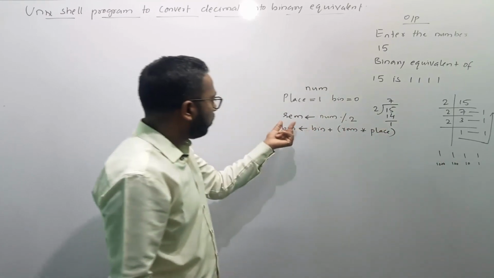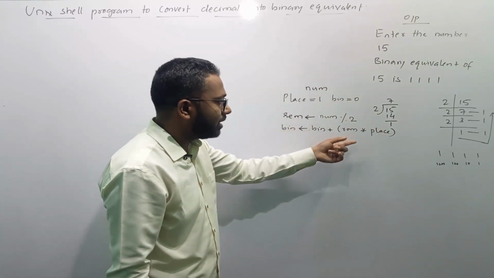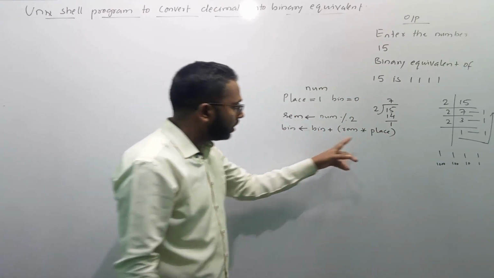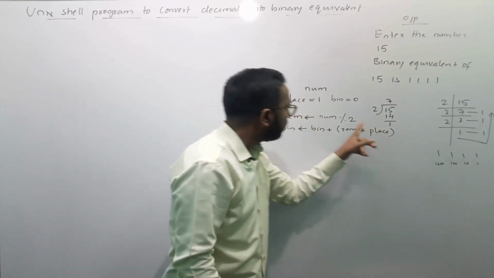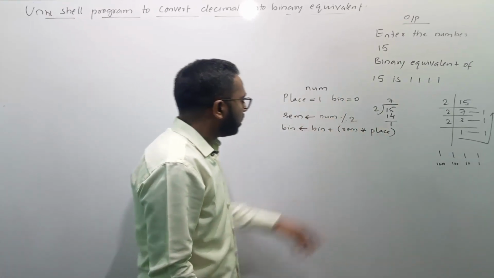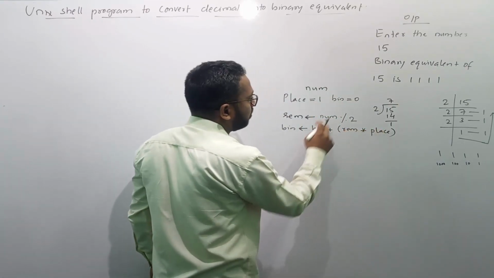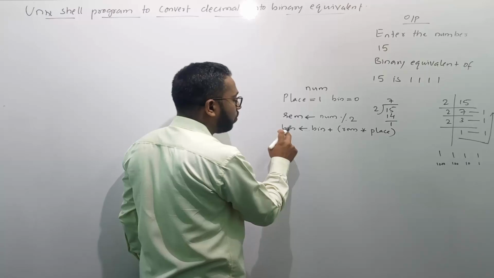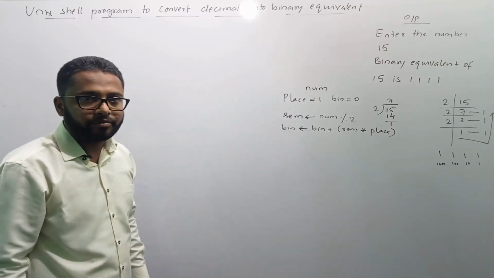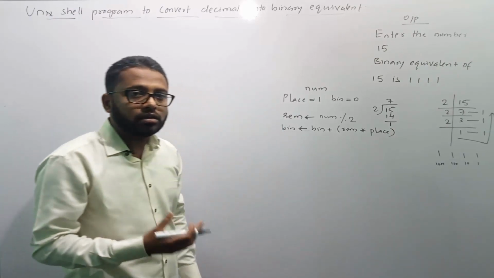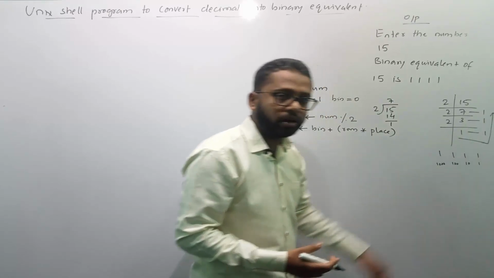So we have got 1 as the remainder, and we are multiplying that 1 with the place value, which is 1. As you can see, place value is 1, and we will get 1 into 1, which is 1, plus binary 0, so we will get 1 stored inside binary. So we got the first bit of this binary number, which is 1.